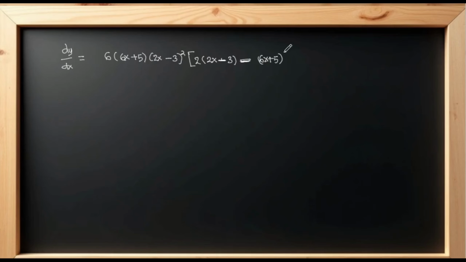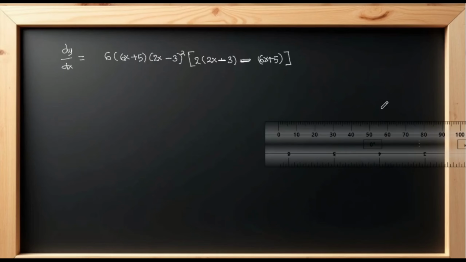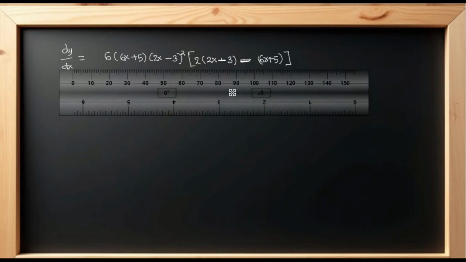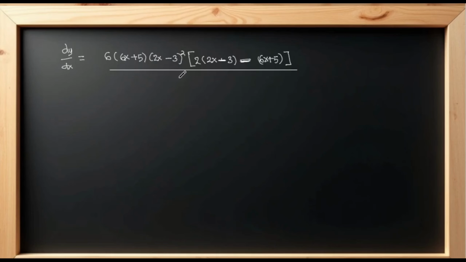Then we can close up this bracket and we divide the whole thing by our denominator, which is raised to the power 6. So here we have our 2x minus 3 raised to the power 6.